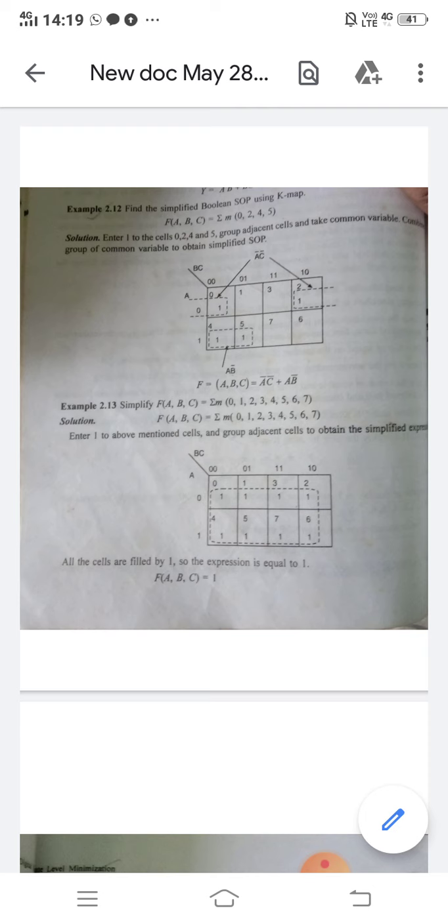So just make 8 cells with 0, 1, 3, 2, 4, 5, 7, 6 positions and fill 1 in the values asked in the question: for 0, fill 1 at 0 position; 2, fill 1 at second position; 4, fill 1 at 4th position; and 5, fill 1 at 5th position.